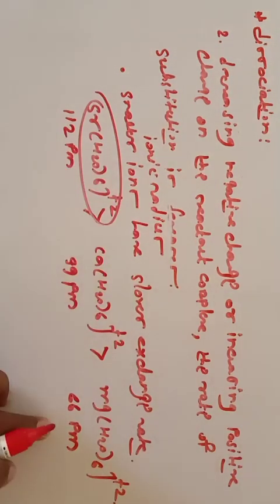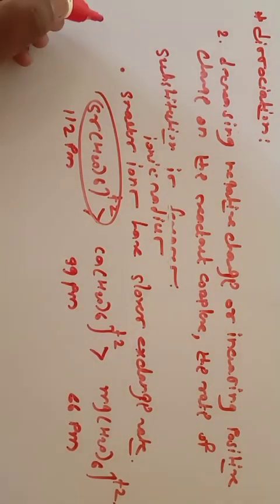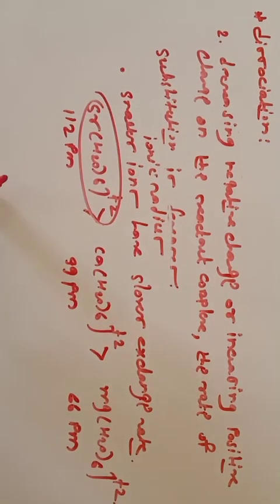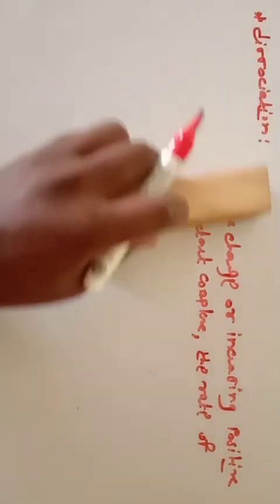As ionic radius decreases, the rate of ligand substitution reaction also decreases. As we already discussed, as the oxidation state of the metal atom increases, the ionic radius decreases, and as the ionic radius decreases, the rate of ligand substitution reaction also decreases. So this is the second evidence for the dissociative type of mechanism.